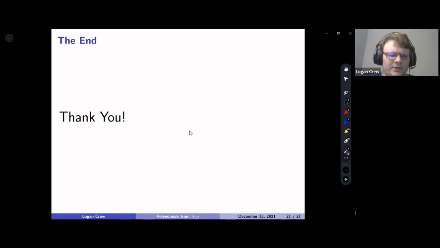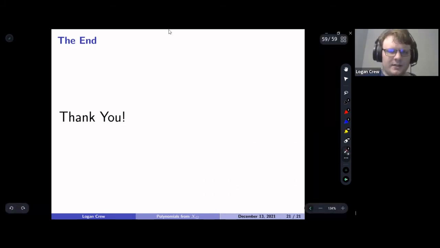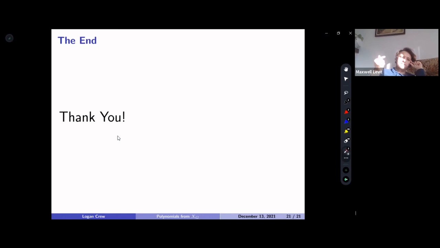I'm not entirely sure if I understand what your question is yet. I guess my question is just, morally, how do you feel about the fact that it doesn't matter which trees you're picking? I'm not entirely sure yet. I think this general concept is interesting, of turning these symmetric functions into polynomials for one thing.